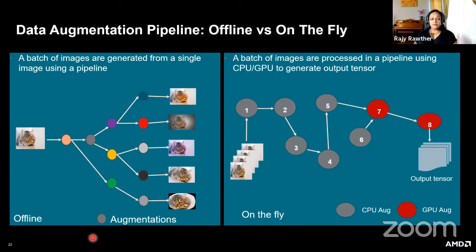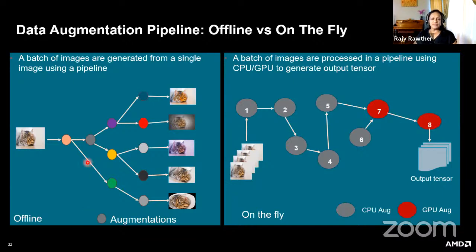One example of the offline use case is if you have a data set, but it is not good enough and not enough to train a network, and you want to increase the data set size by applying a bunch of augmentations.